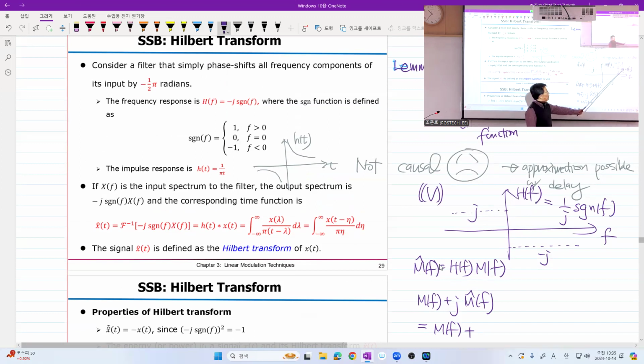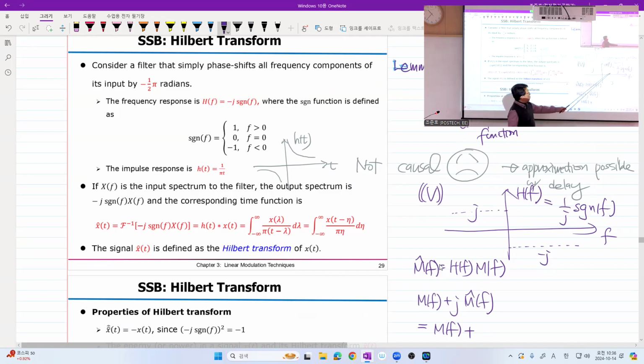Here, signum of f gives you either unity or negative unity, depending on the sign of the argument. If f is positive, this is 1. If f is negative, this is negative 1. And depending on your definition, sometimes when f is 0, you have 0. But some people prefer that when f is 0, it's still 1.